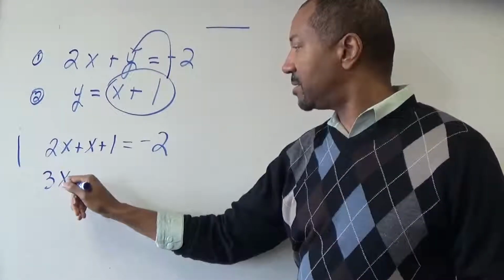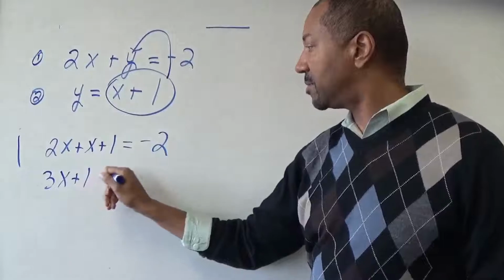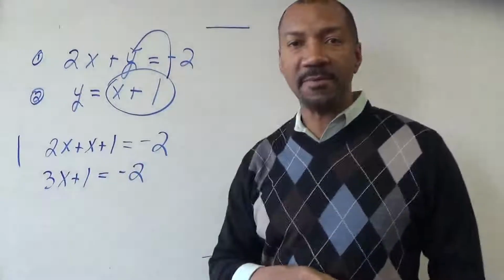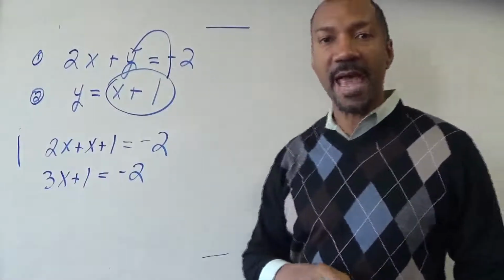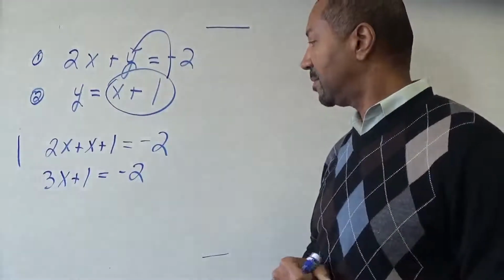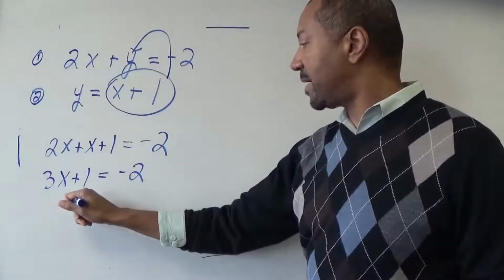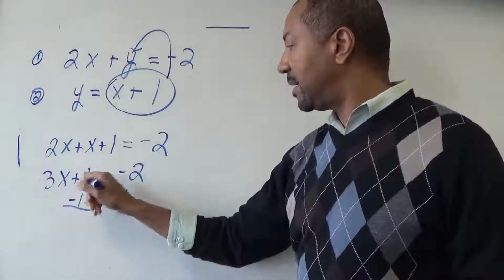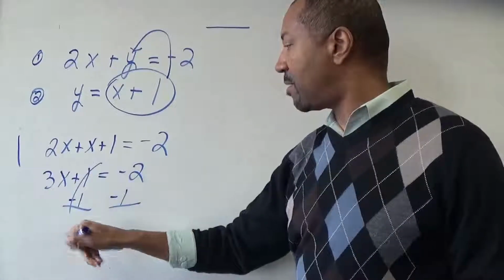Now I've got 3x plus 1 is equal to -2. And if you want to go ahead and stop the video and then restart after you have your answer, that's fine. Let's continue solving for x. We'll subtract 1 from both sides. Now the positive 1 is gone.